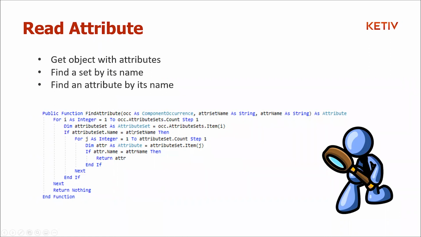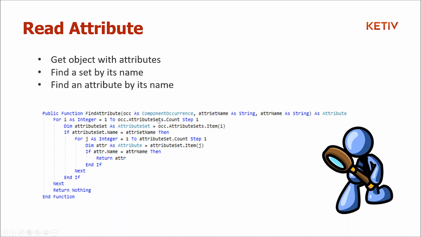So this I've built into a function that can go through all the different attribute sets in an occurrence and grab one that matches the set name and attribute name. So you'll notice we pass in an occurrence, the thing we want to grab the attribute off of, and we're going to for loop through each of the attribute sets on that occurrence.